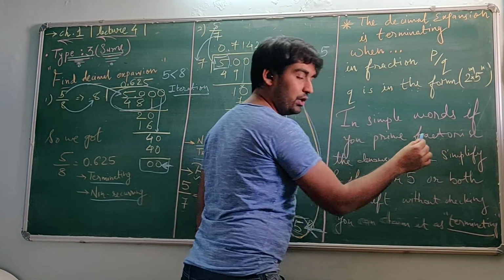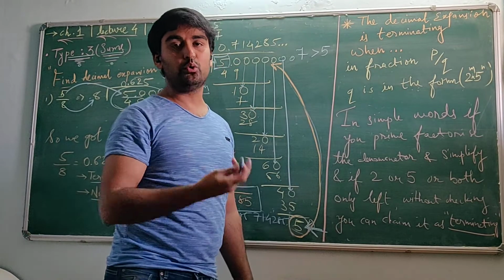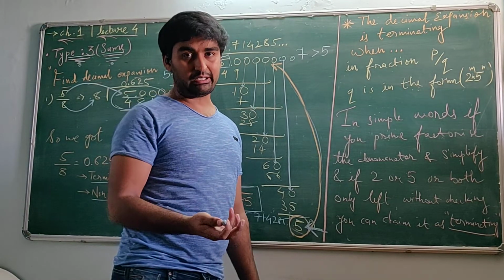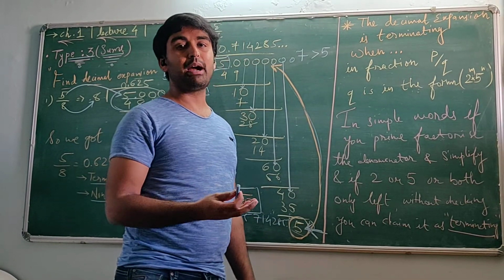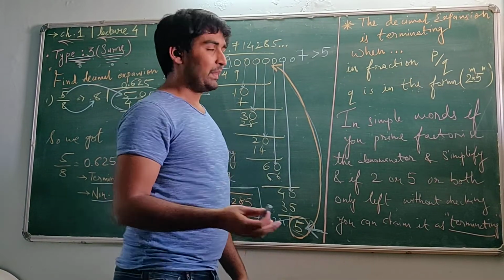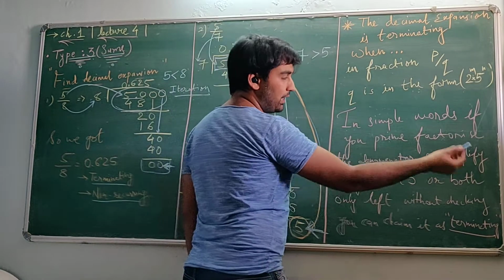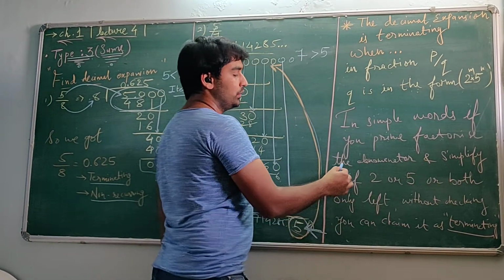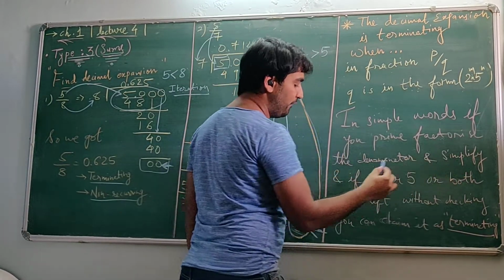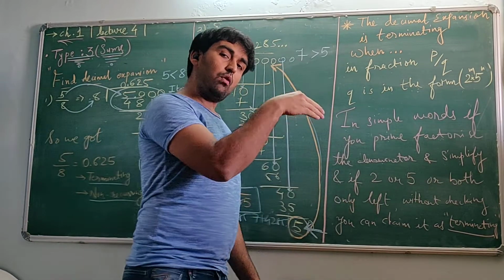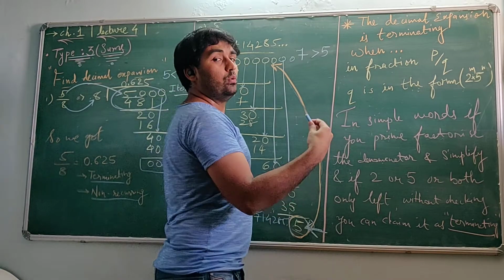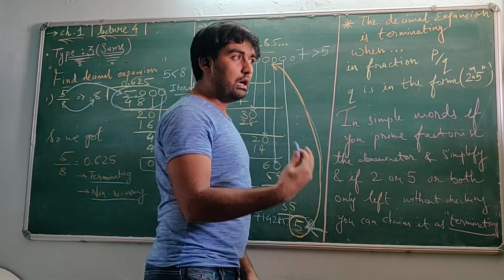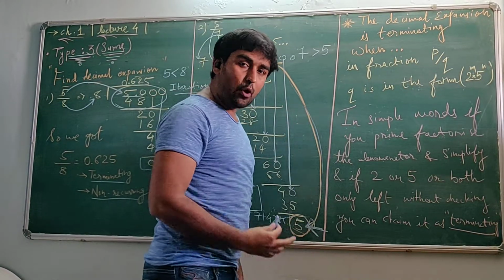In simple words, you need to prime factorize. I am very sure that you know the meaning of prime factorization. Many of you might say it is by taking LCM. So do that method on the denominator and simplify it. Simplify means whatever is possible to cancel, you cancel it out, and then you check what is the ultimate result in the denominator.